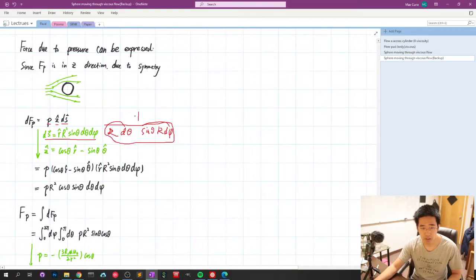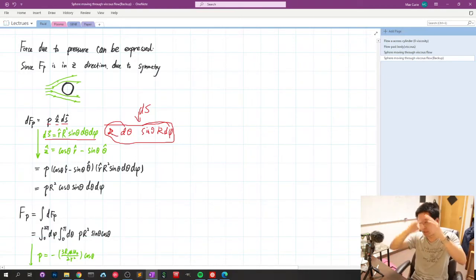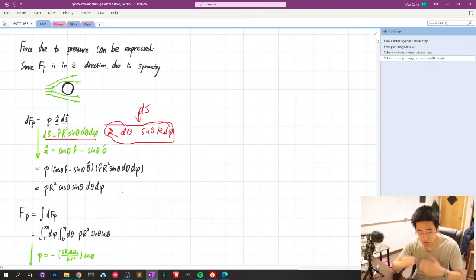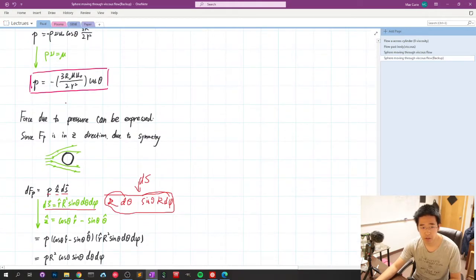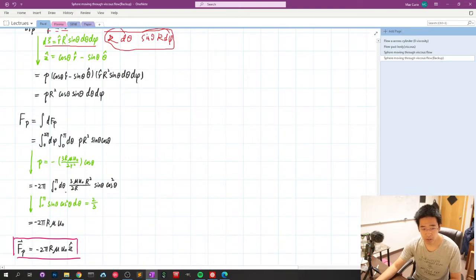All the surface element is in the r direction, because the surface normal is always radial in the sphere. So we do the integral through phi and theta. We know it's azimuthally symmetric, so we just have 2 pi here, and substitute the p we just calculated right here, and we have this nice expression.